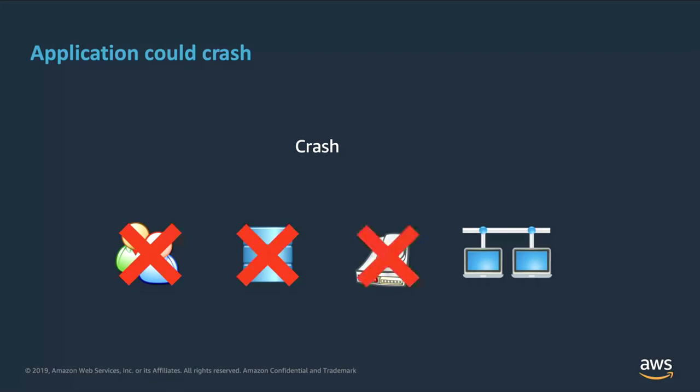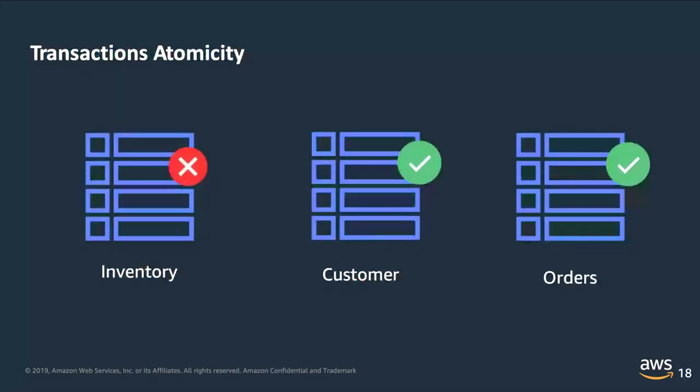Your network could have an error, or your hard drive could crash, either on the database side or on your application side. All these failure modes you have to handle, because if you don't handle them well, that could result in an inconsistent state in your application.